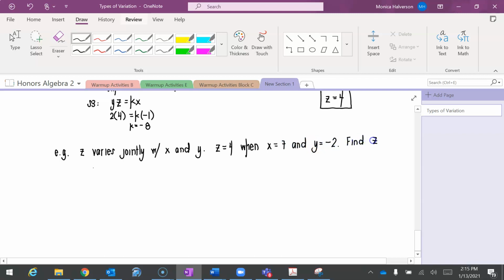Find z when x equals 2 and y equals negative 3. Go ahead and do that one on your own.